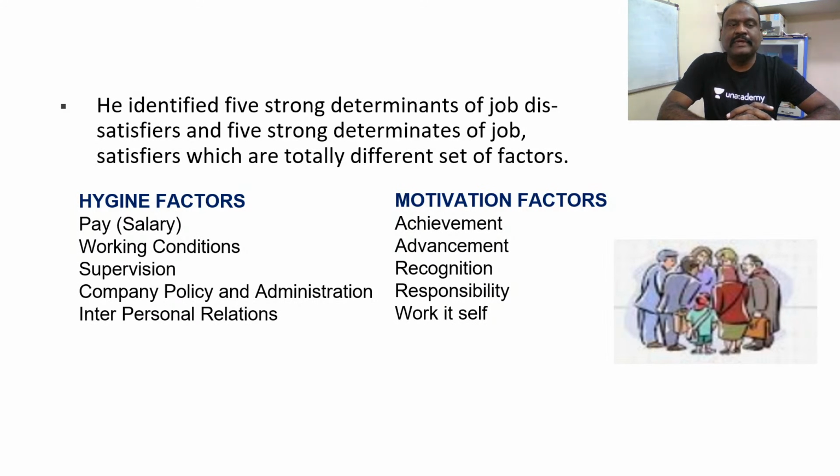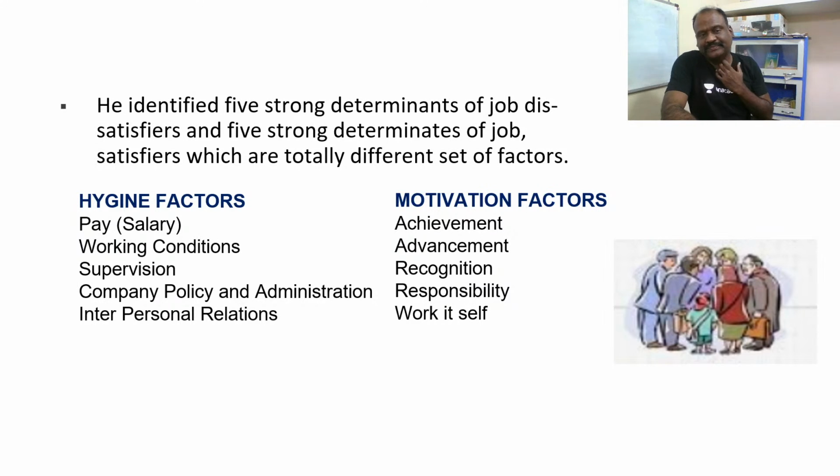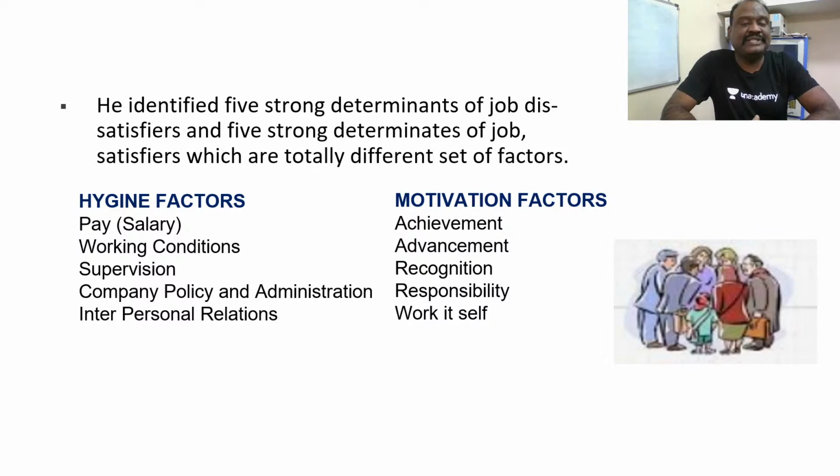That means if any, some, or all of these are lacking in one's job, he will get dissatisfied with his job. Those are hygiene factors. And the other set of factors which lead to satisfaction with the job are termed motivating factors, or motivation factors, by Herzberg.